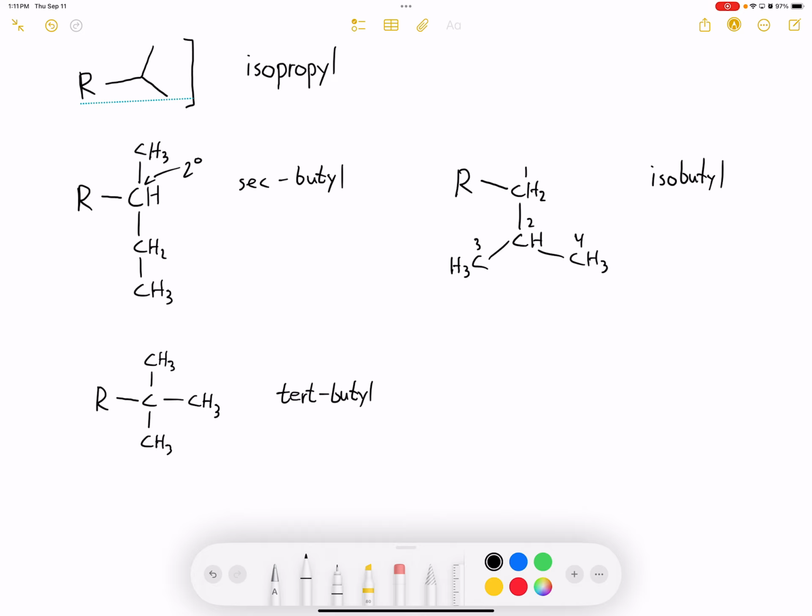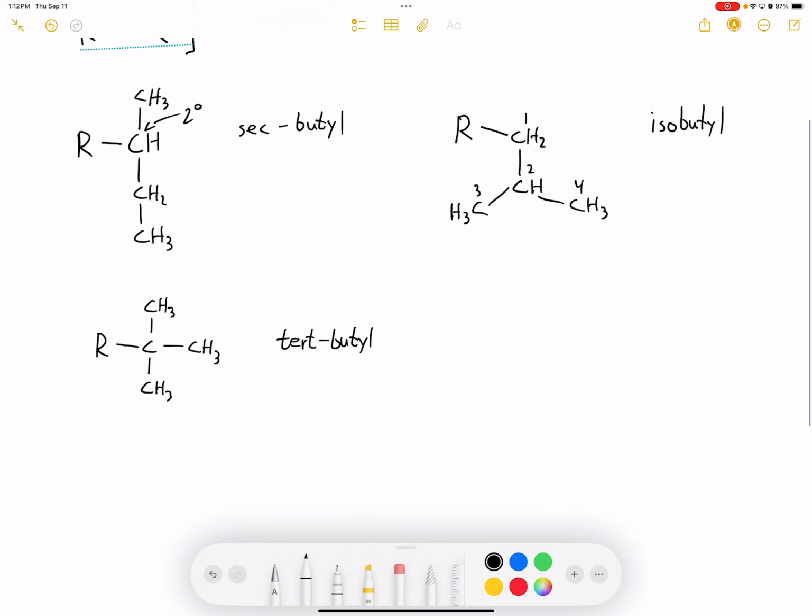So be aware of these groups as well, because you might see in chemical structures things abbreviated like this. So you may see things like this, TBU. All right. So we don't want to draw all that out. We could just write this substituent here as TBU on some chemical structures. So that's why we should know what this looks like, terbutyl.